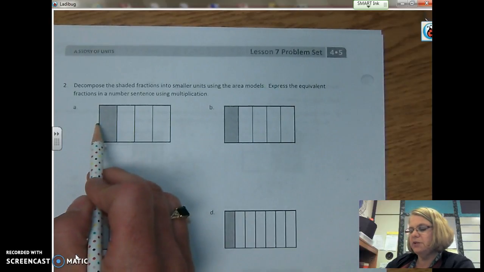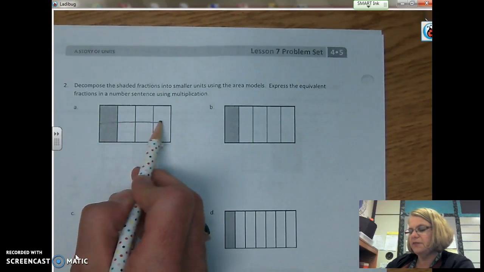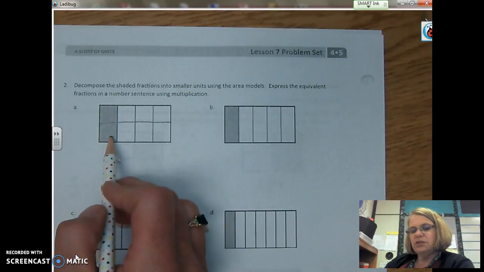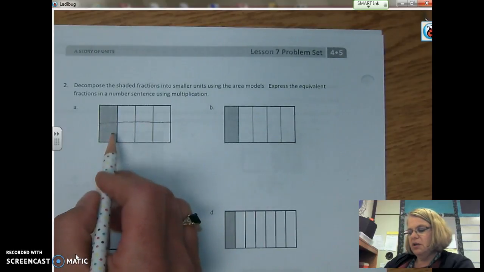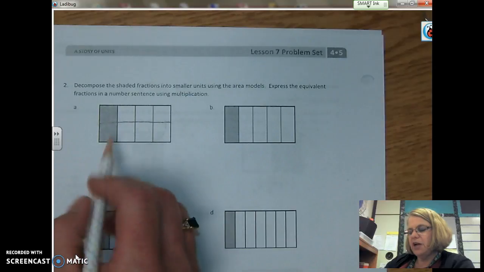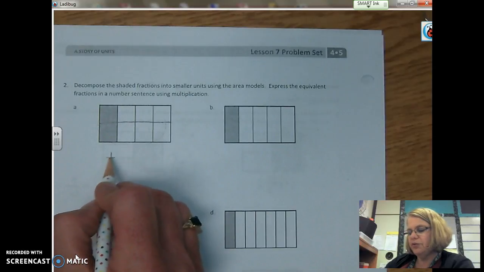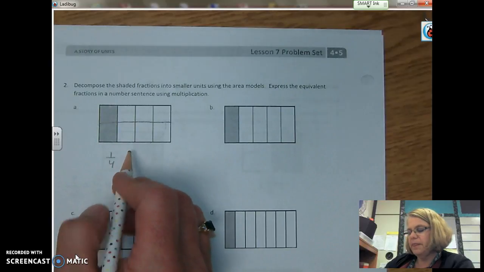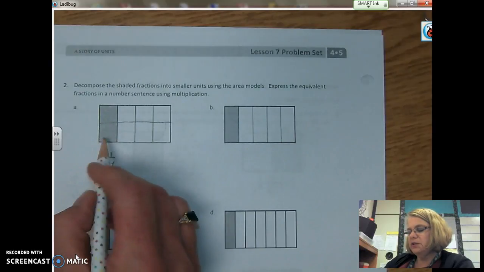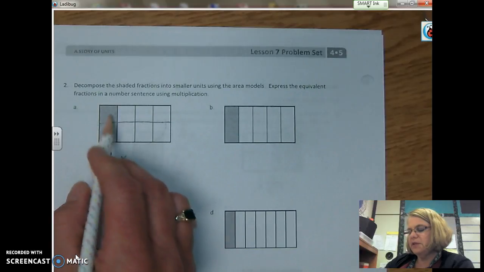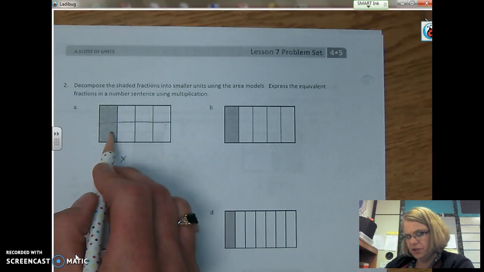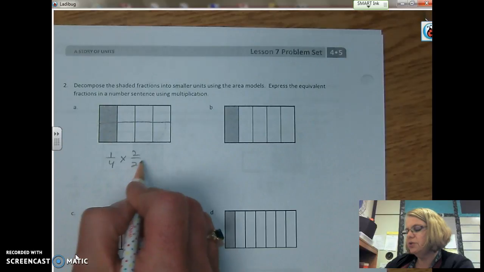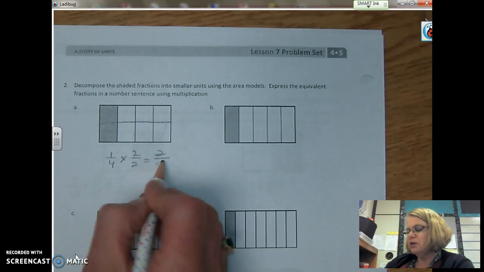So the first one I'm going to break into halves, into 2s. So that ends up breaking my fractional unit, which was 1/4, into 8s. So I'm going to multiply 1/4 times 2 over 2, which equals 2 over 8.